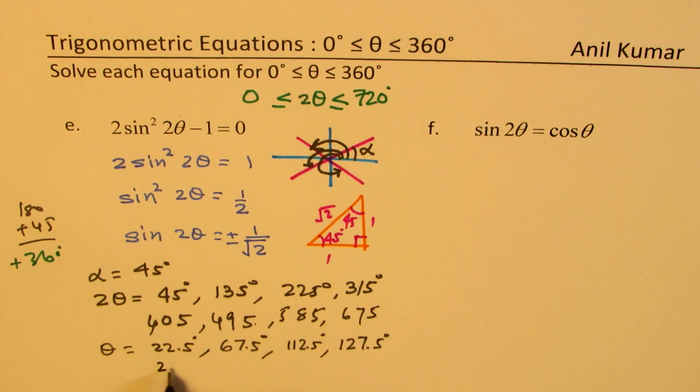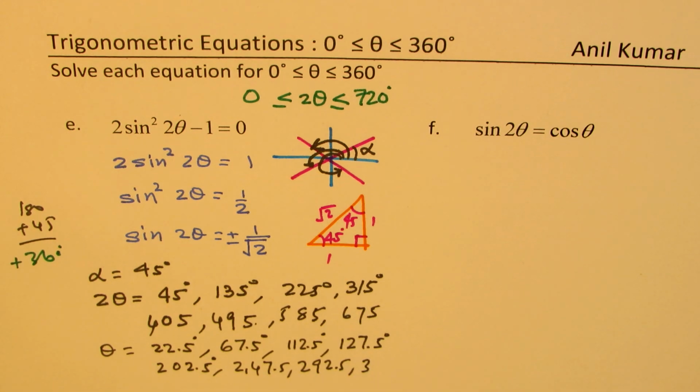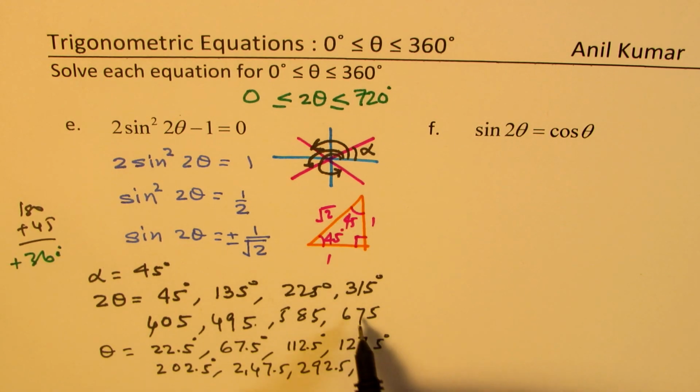Here we get 202.5 degrees. Here we get 247.5 degrees. Here we get 292.5 degrees. And here we get 337.5 degrees.